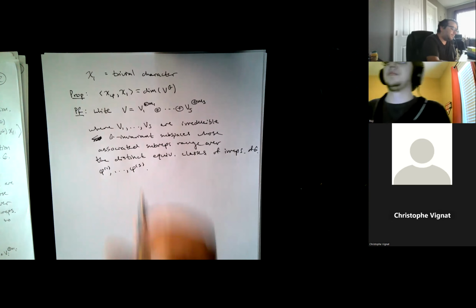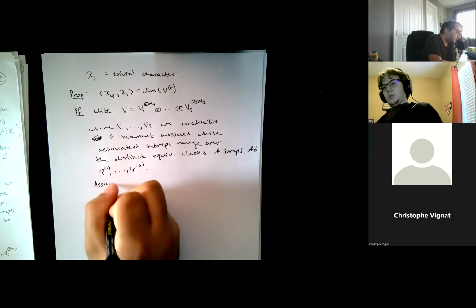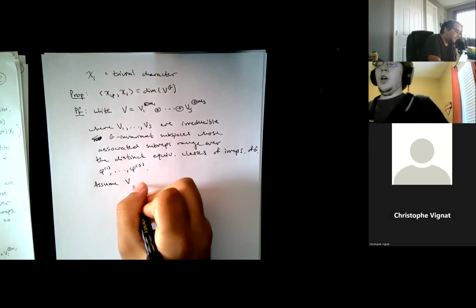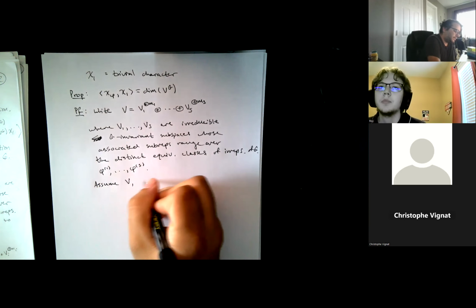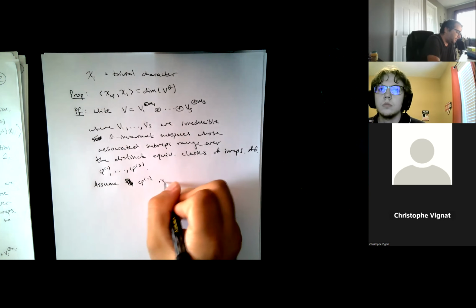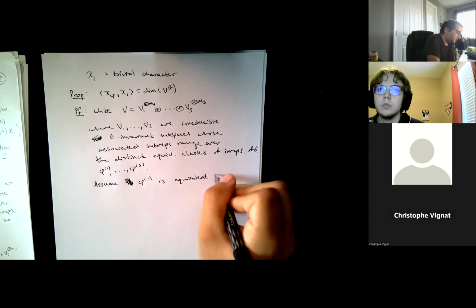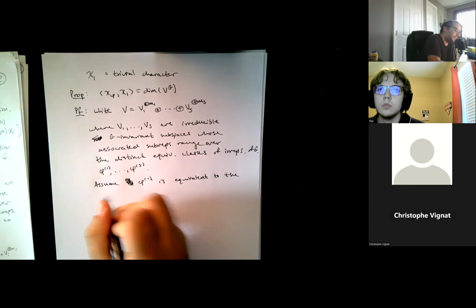So without loss of generality, we can assume that phi1 is equivalent to the trivial representation.